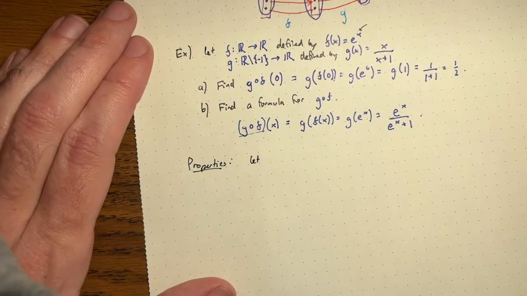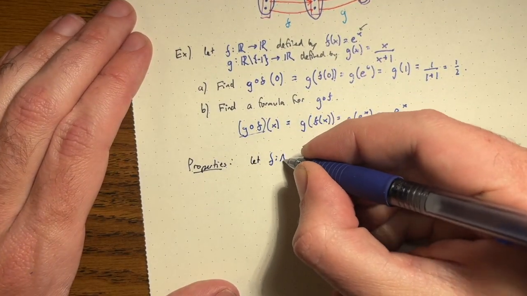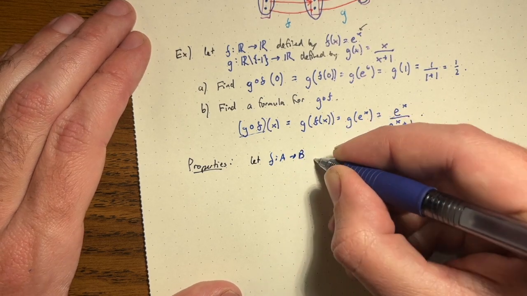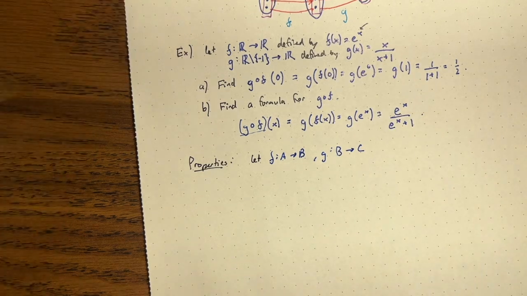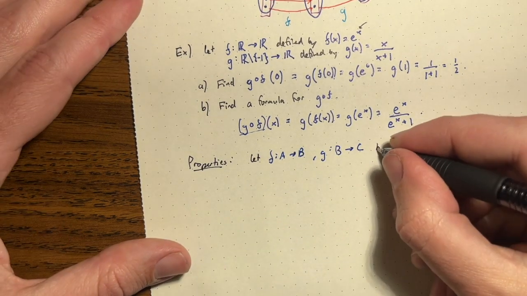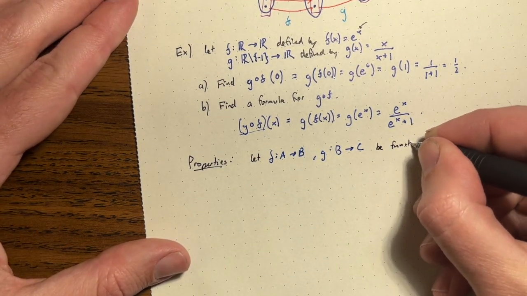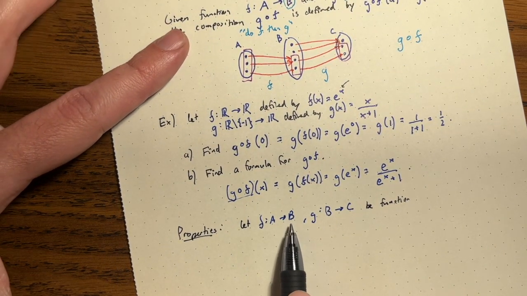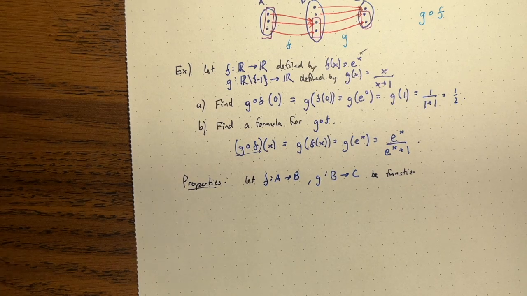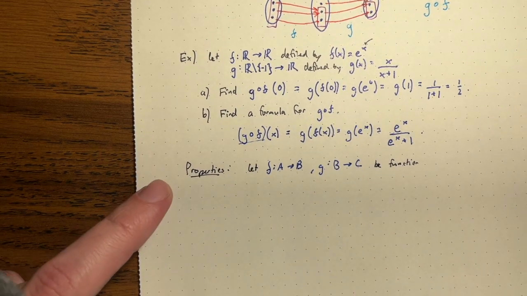Let f from A to B and g from B to C be functions. So it makes sense to compose them in the exact order we did, right? The codomain of f needs to match the domain of g. So we can do f followed by g.